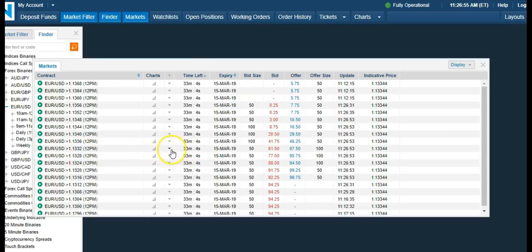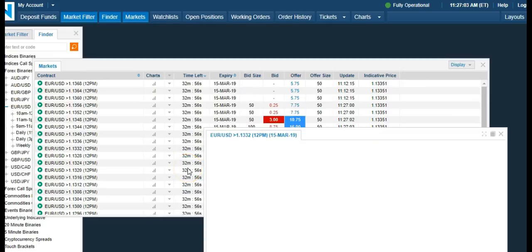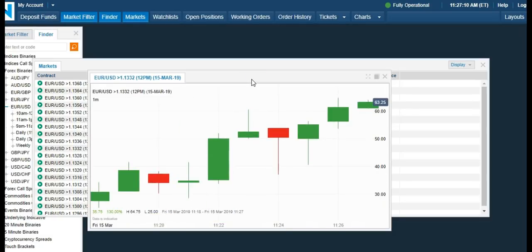What you want to do to see if they were buying or selling is click on this drop-down box here. Click on Quick Chart. A chart will pop up, and this chart doesn't chart the Euro-US dollar. This chart charts the price of that particular contract.